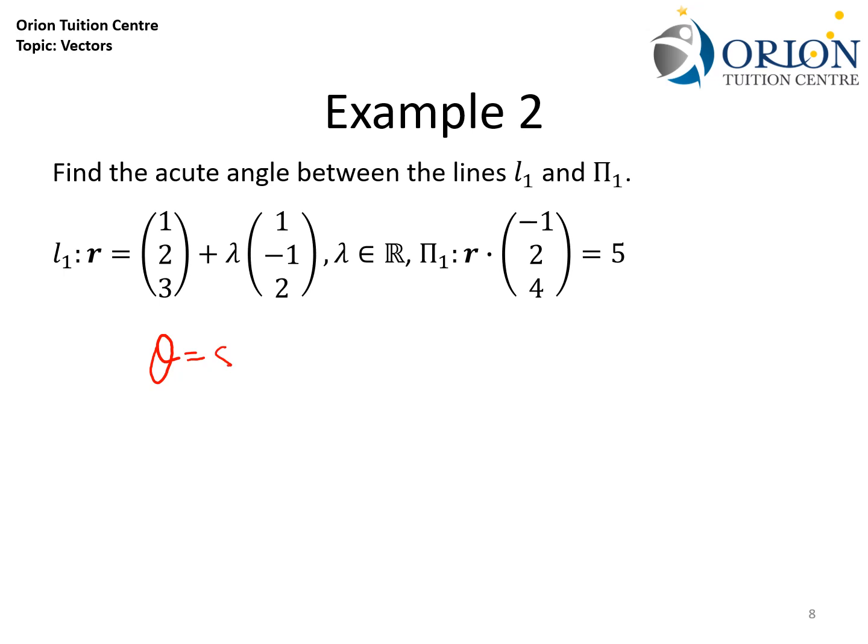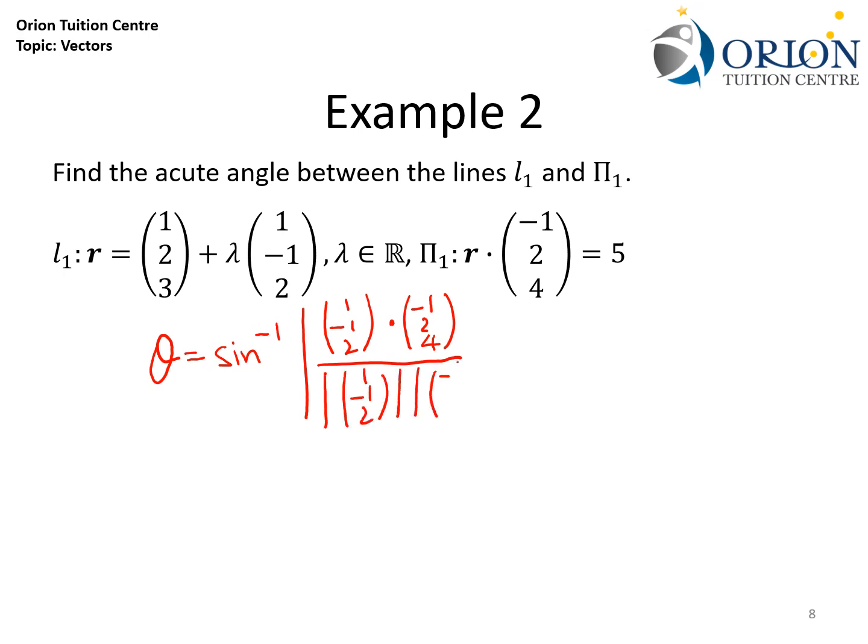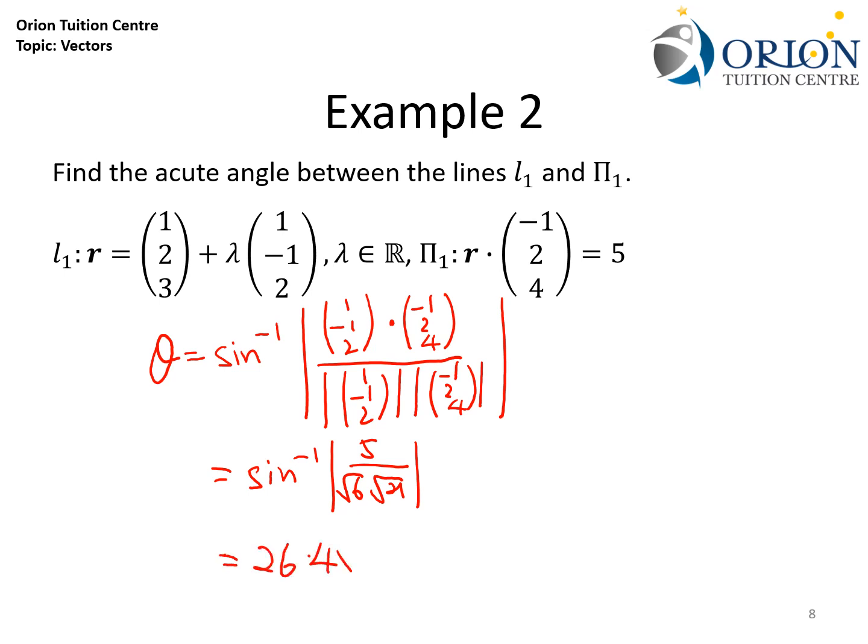So theta equals sine inverse of modulus of (1, -1, 2) dot with (-1, 2, 4) divided by mod of (1, -1, 2) and mod of (-1, 2, 4), which can be simplified into sine inverse of 5 over square root 6 square root 21, and therefore this gives us 26.45 degrees, which we can round off to 26.5 degrees.